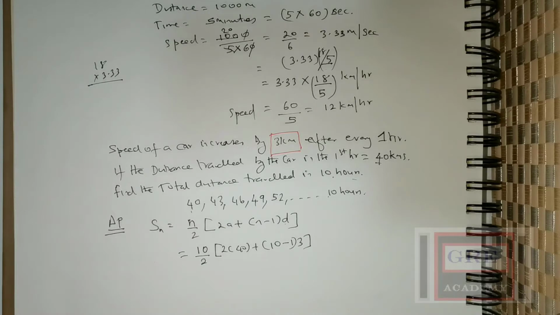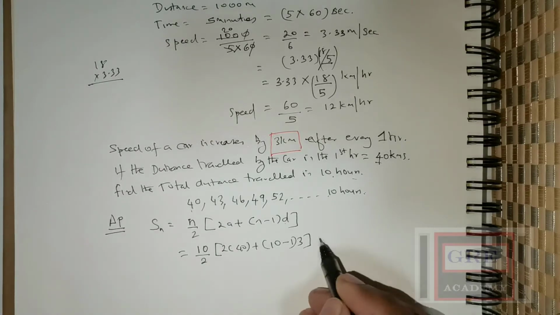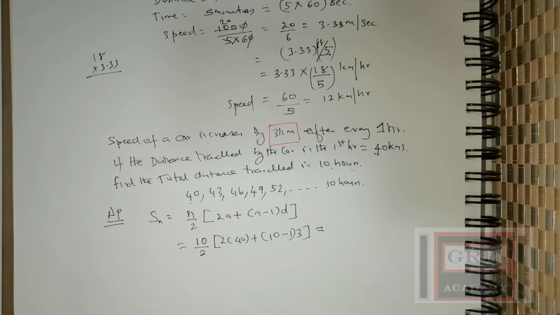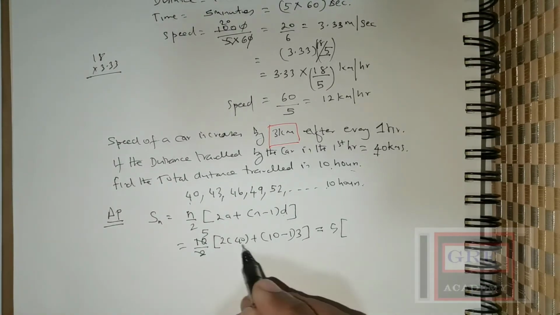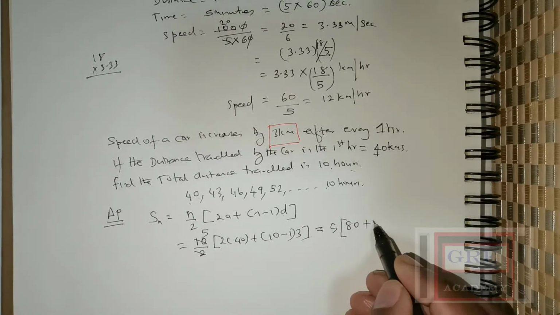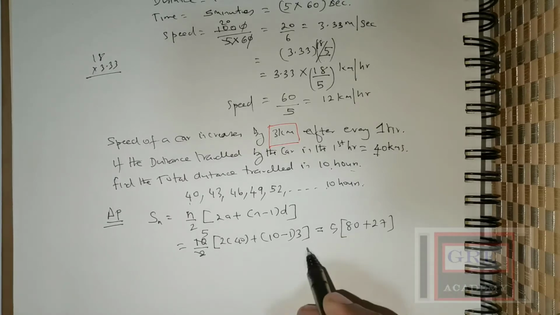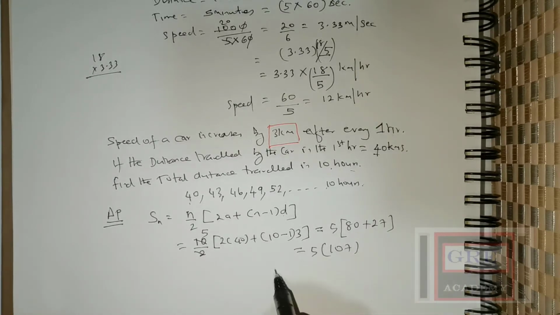So this has to be evaluated. So that is going to give us 2 divides 10 5 times. So 5 of 2 times 40 is 80, plus 10 minus 1 is 9, 9 times 3 is 27. So we have 107 multiplied with 5, which is going to be 535.